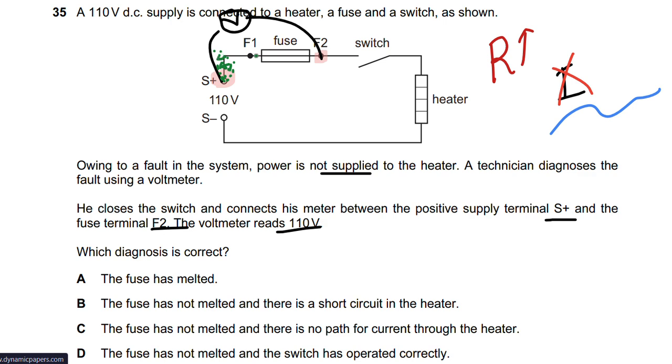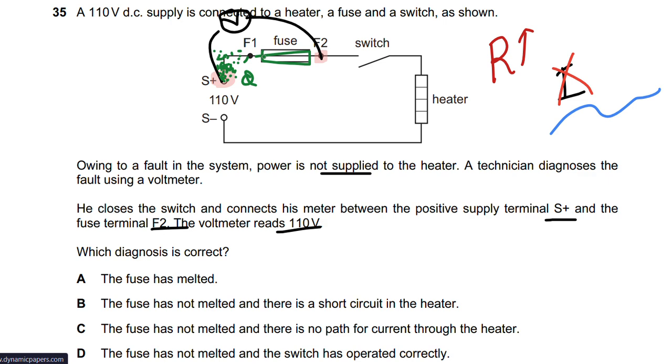And charge is not able to flow to that part of the circuit, this part, so that there is so much here and there's nothing here. These are all the charges Q, and since current is not able to flow, the charges are not able to flow. Why are the charges not able to flow? Because of the fuse right here, right? If this was a normal fuse, the resistance would not be high, so essentially we would not expect any voltage drop in an ideal scenario, especially in A-level questions.